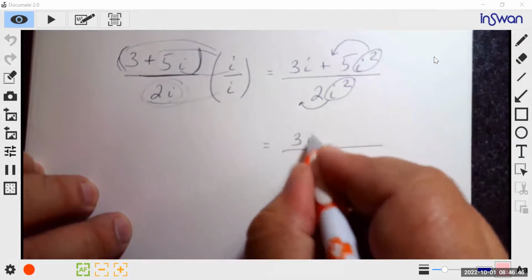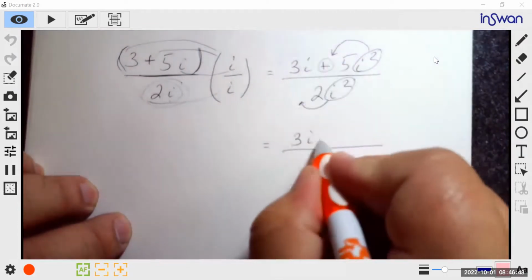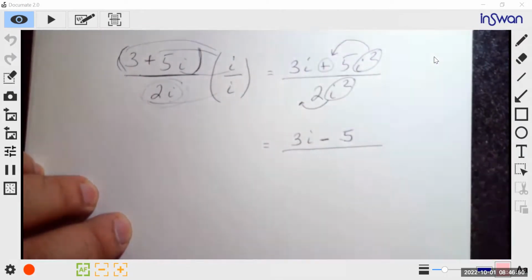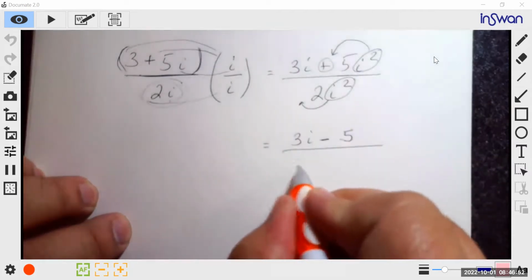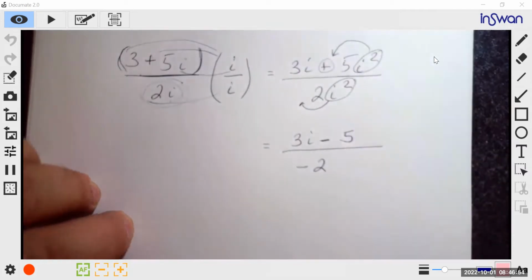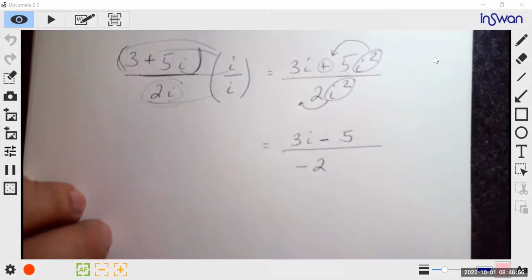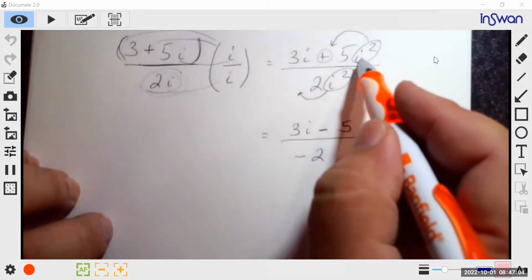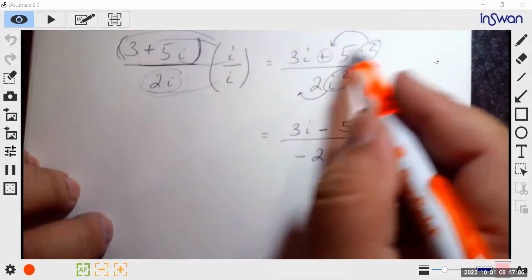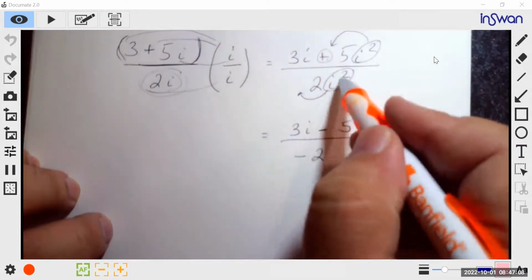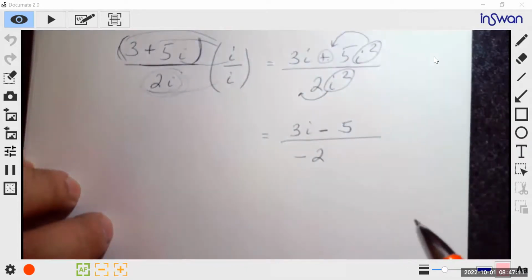So it's 3i minus 5 over negative 2. Drop the I squared and change the coefficient sign.